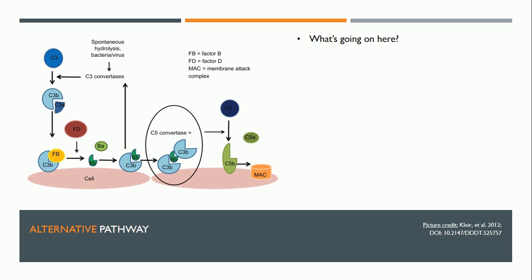Alright. So you can see here C3 right here is going to be degraded spontaneously. So this is happening all the time, right? So C3 is always being degraded, and it is being formed into C3b and C3a. Okay, and if you didn't know, C3a is an anaphylatoxin, so it's going to help with inflammation and such to deal with any infection.